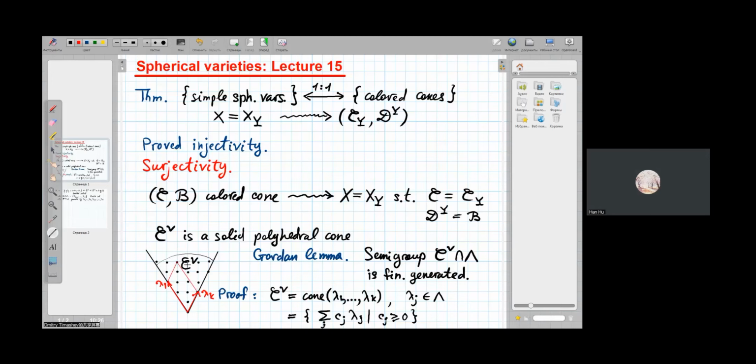Yeah, so this is K. And now you take the generators of your cone, that is lambda 1, ..., lambda k. Let me indicate these generators by red dots.